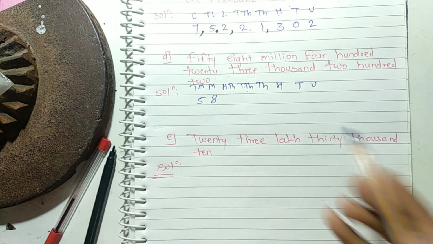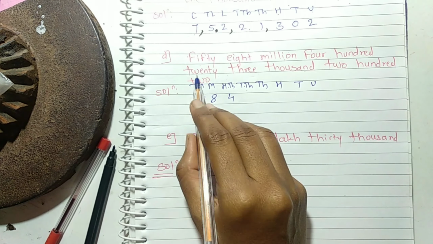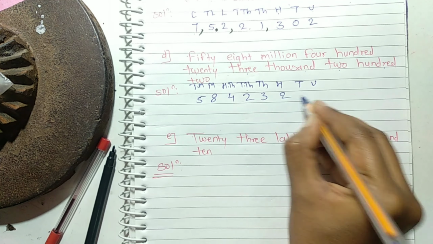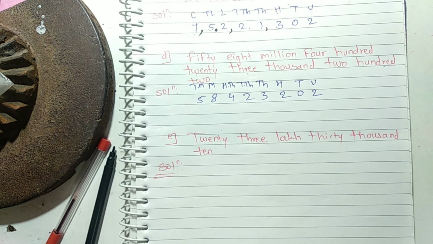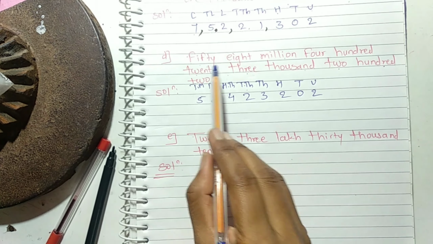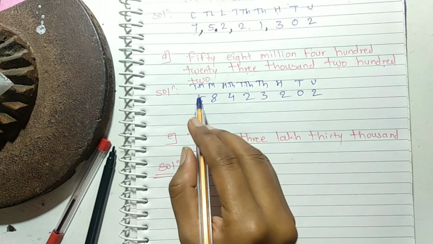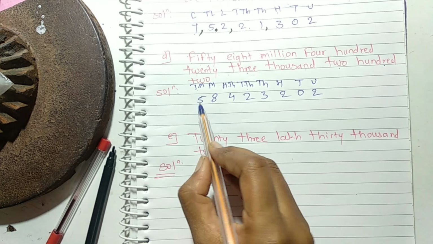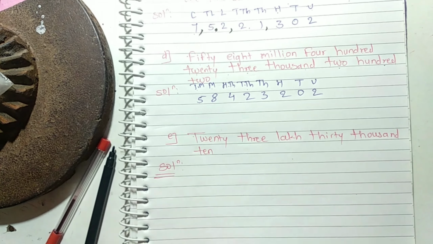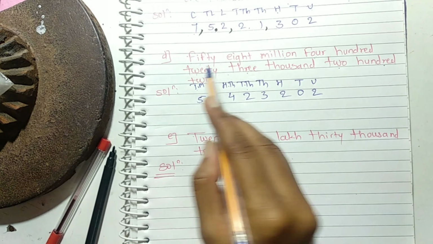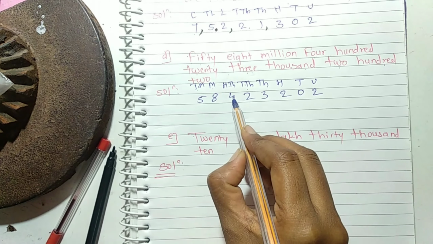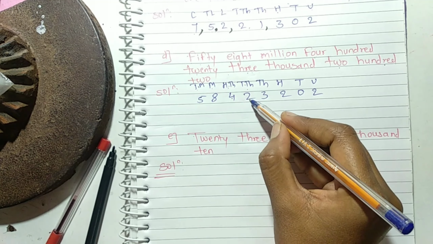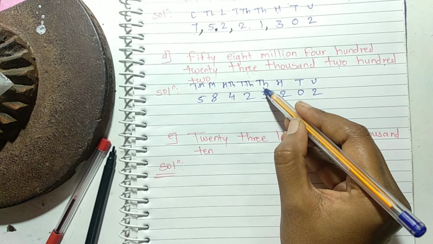58 million, 423,000, 202. Look here once again. 58 million, so take 10 million also. 5 is on 10 million plus 8 is on million plus 423: 4 is on 100,000 plus 2 is on 10,000 plus 3 is on thousands.